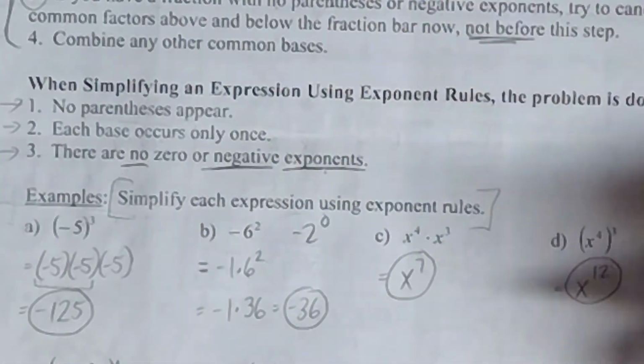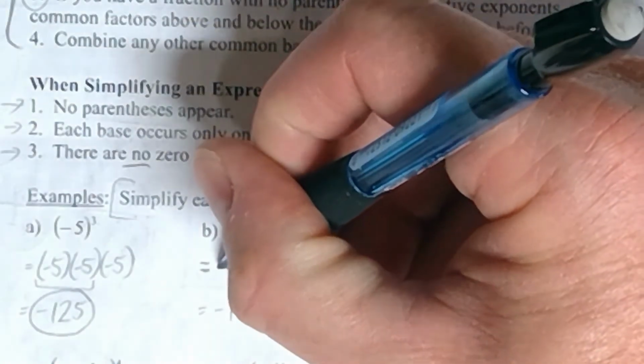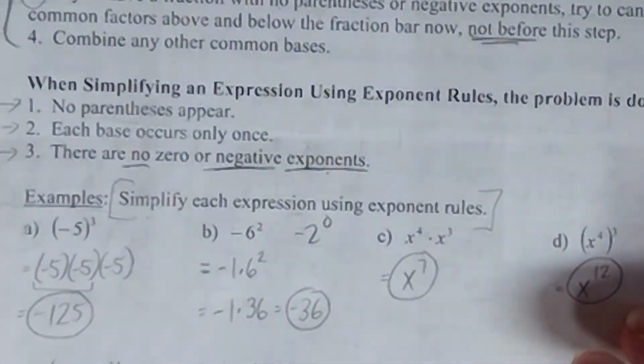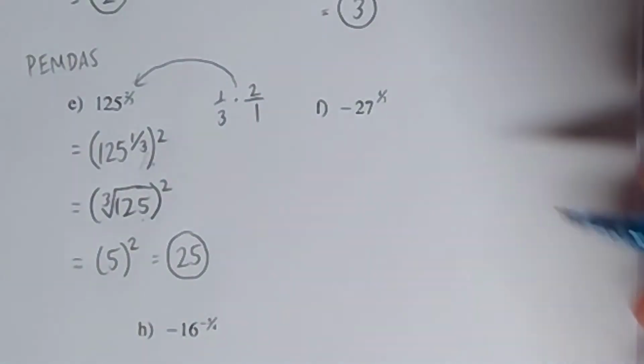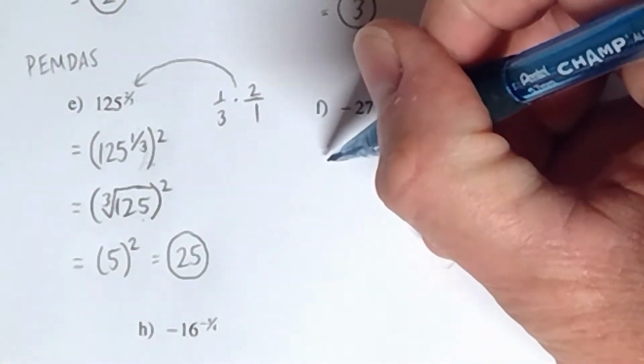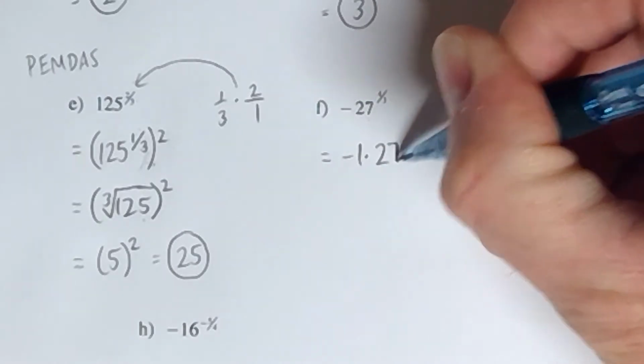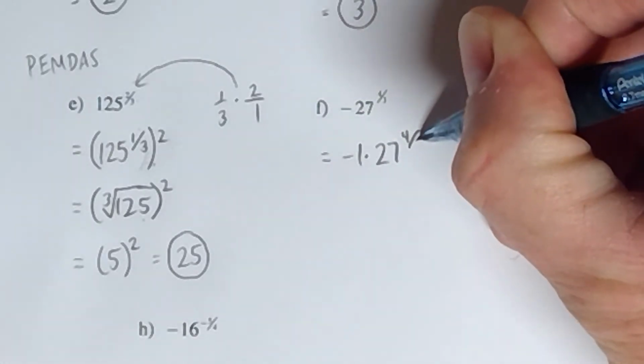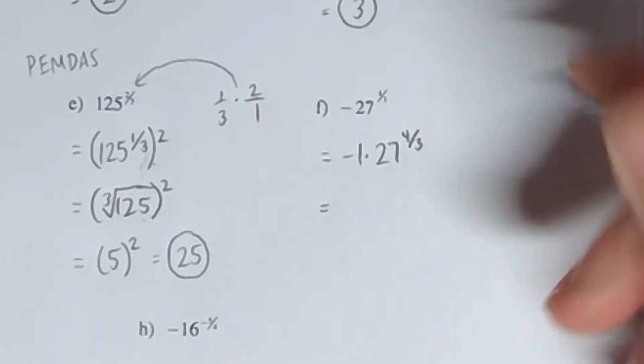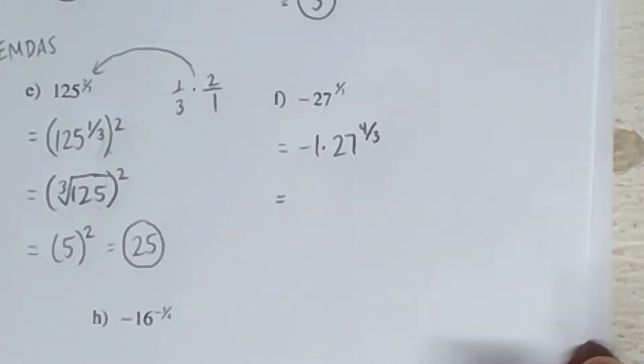That's the best way to interpret it. So in a similar way, this then would be what? It would be -1 times 27 to the 4/3. You don't need to convert it to radical notation first. Okay, you want to get that negative out of the way there.